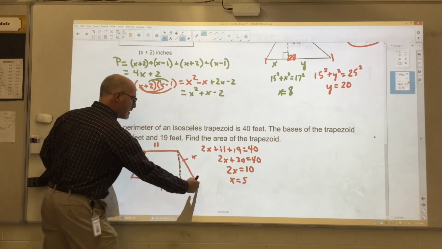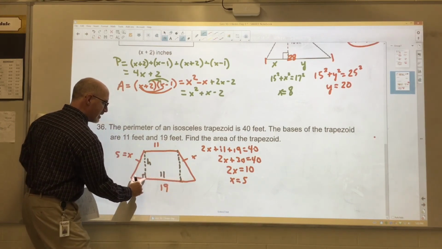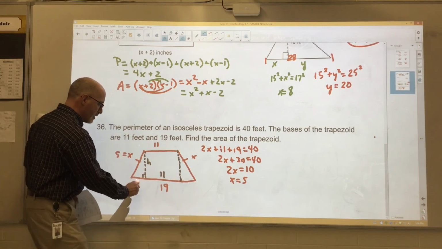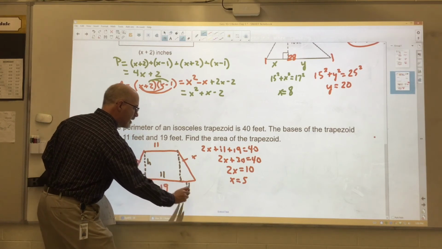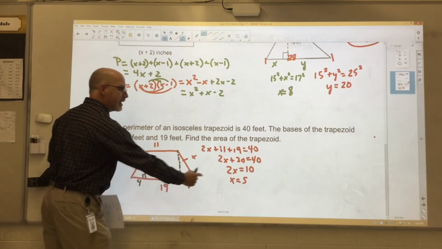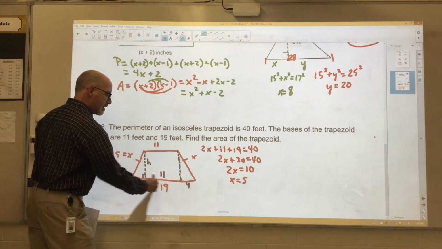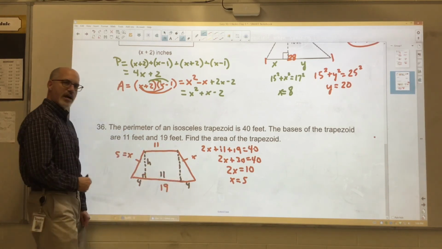Since this whole width is 19 and this is 11, that leaves 8 left over to be split between these two. So this would have to be 4, and this would have to be 4, to give me 4 plus 11 plus 4 gives me the whole 19. So by dropping down those perpendiculars, I can use that this is a rectangle in the middle. I can get each of those sides of those triangles.